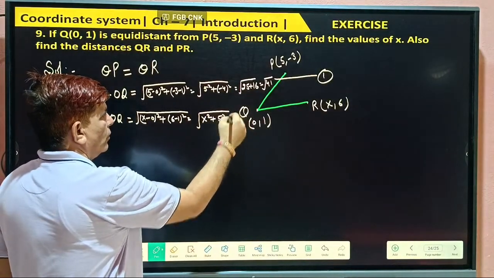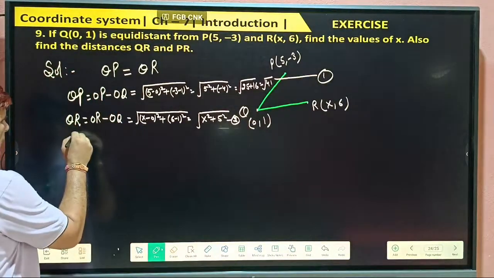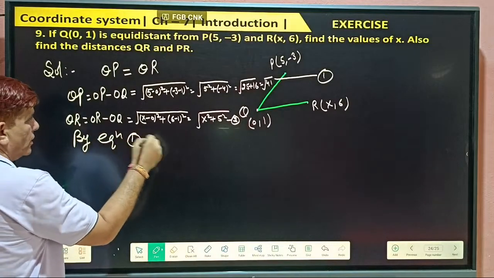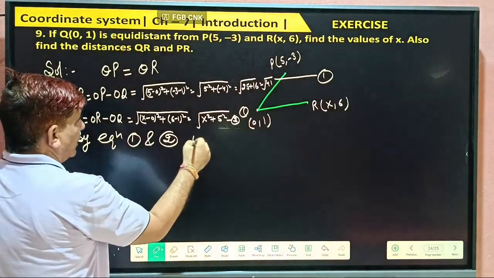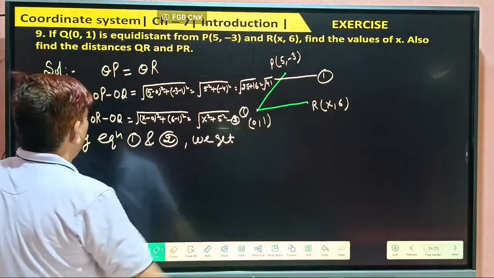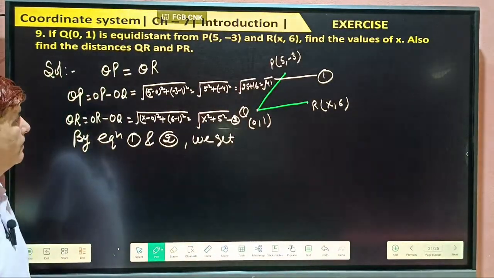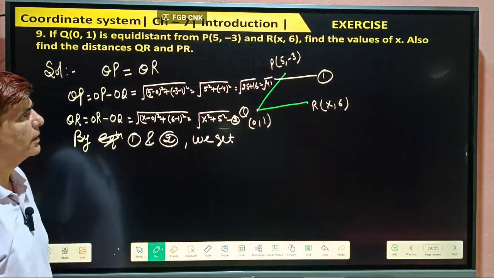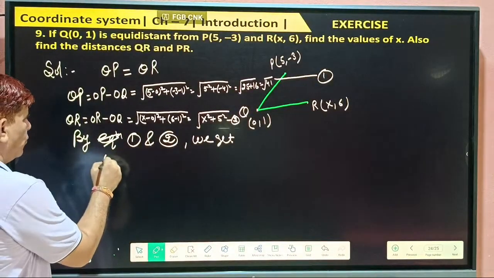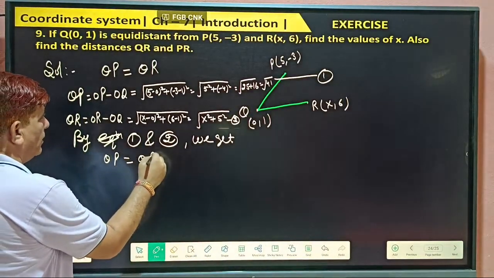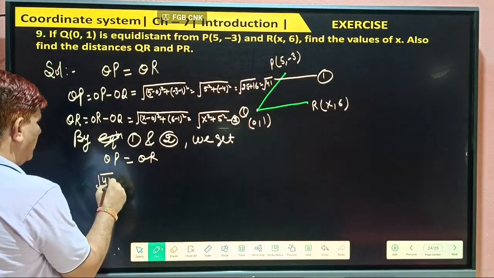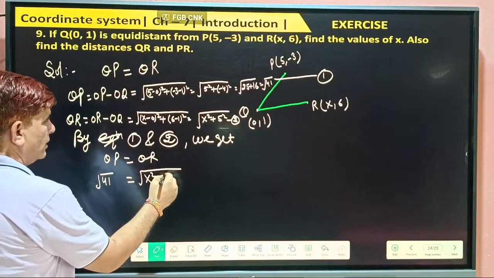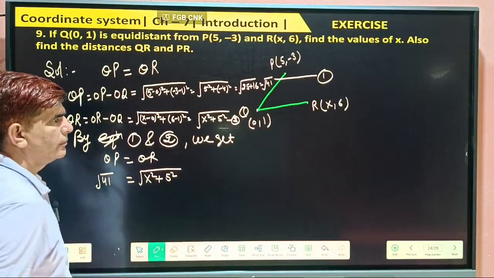This is your 2. By first and second, we can say left hand side, right hand side given. So it means QP equal to QR. It means under root 41 is equal to under root x square plus 5 square.